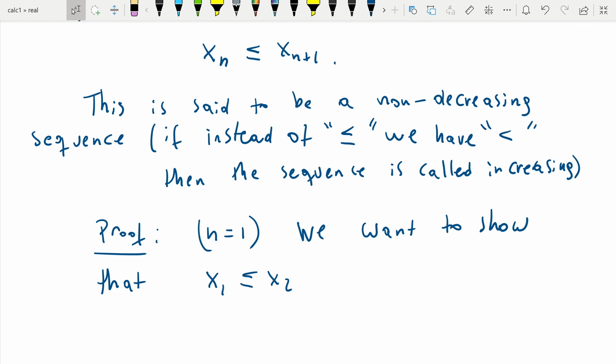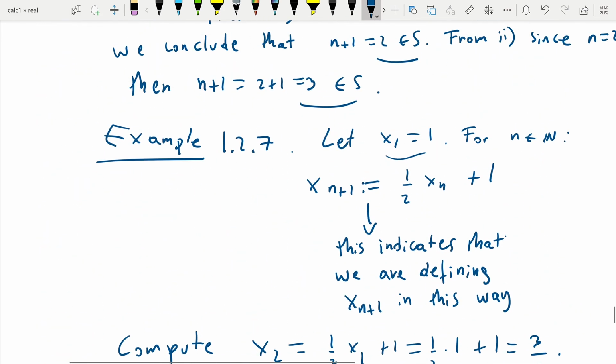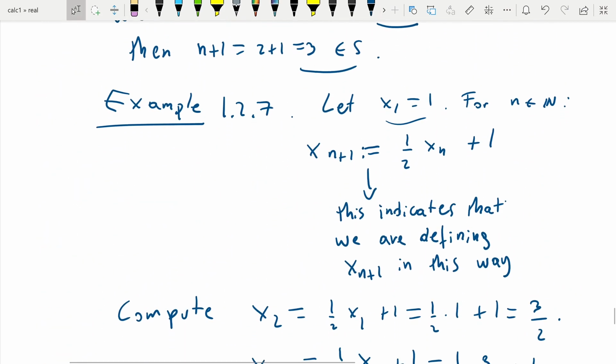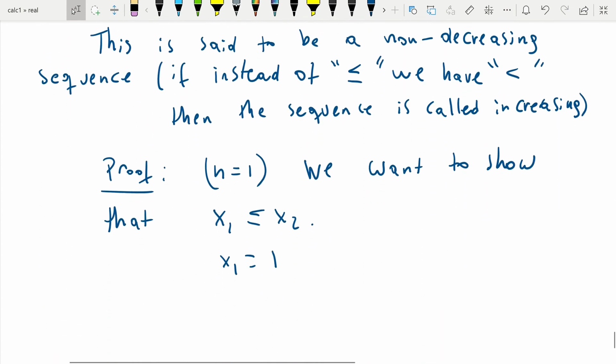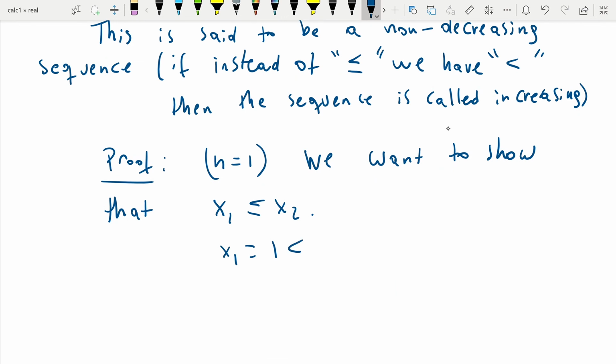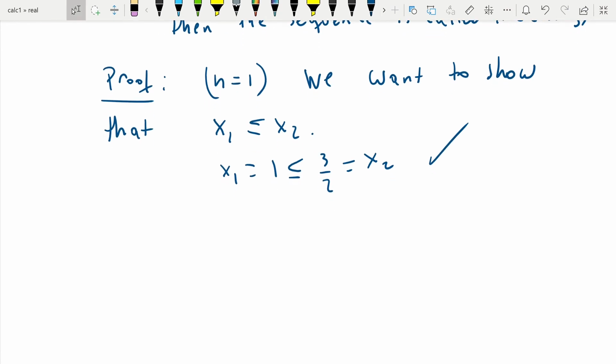But x of 1 is equal to 1. This is the definition up here, and x of 2, we computed it to be equal to 3 over 2. And 1 is less than or equal to, and even less than 3 over 2, which is equal to x sub 2. So that means that the statement is true for n equals 1. Now, so this is the first step.